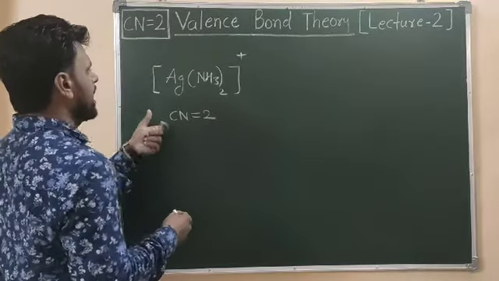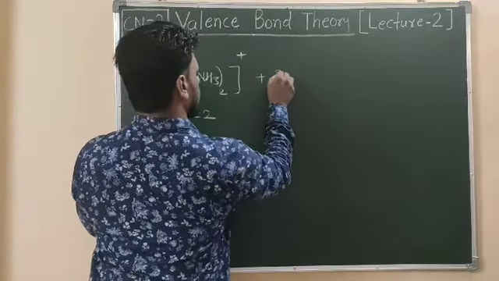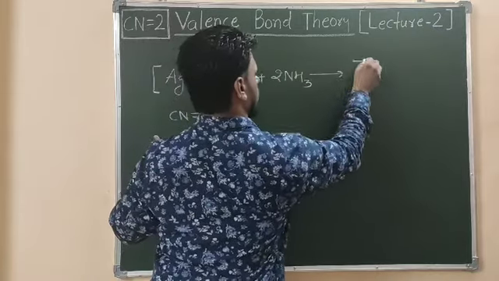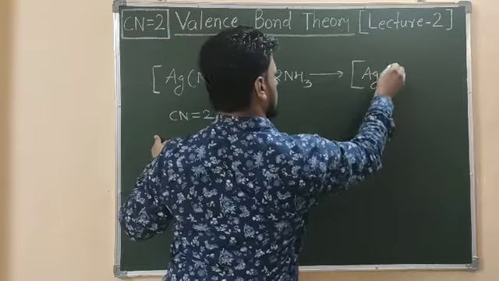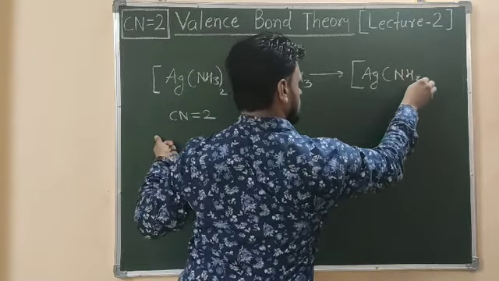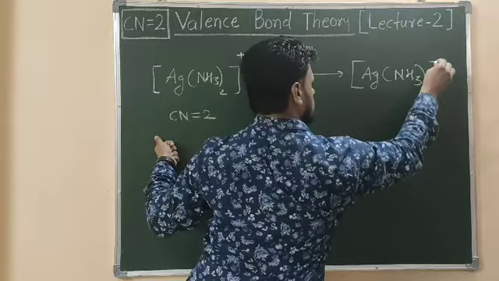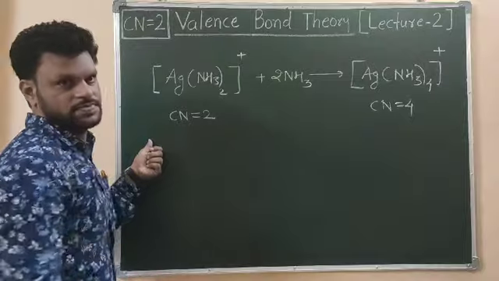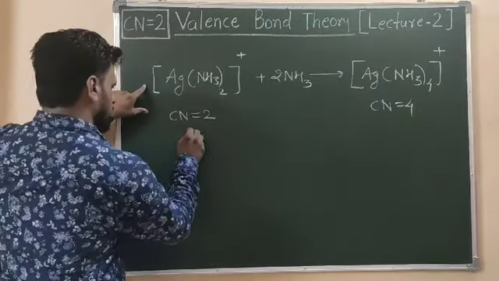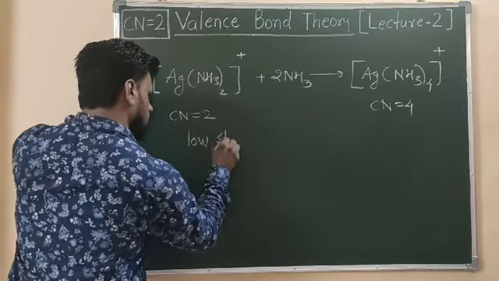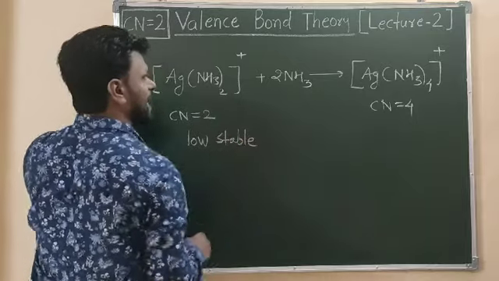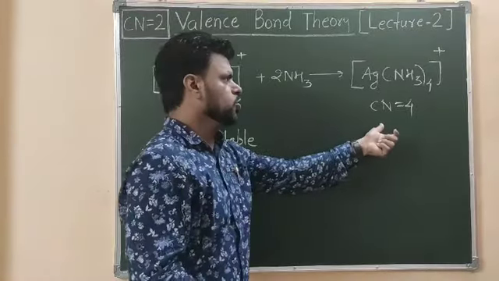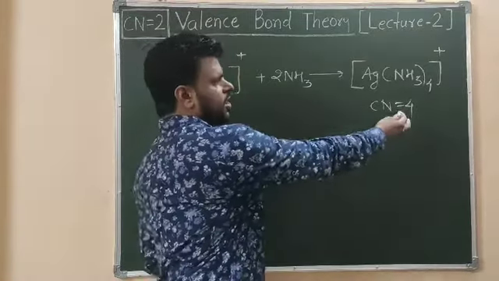If I react this complex with amine ligand, what will it do? It will try to form a complex with higher coordination number, and this is how it forms the complex with coordination number 4, and this is the reaction. So I'm going to say these complexes are generally not stable, and if they have a chance to react with some ligand, they will always try to form complexes with coordination number 4.